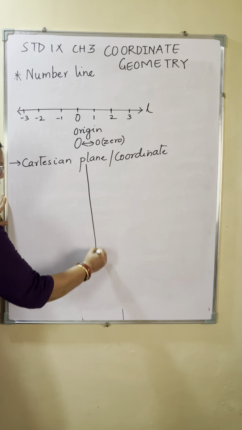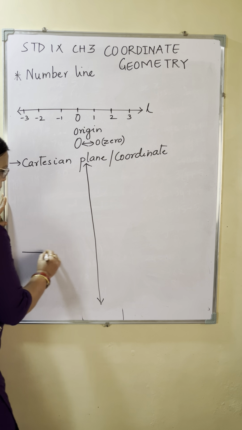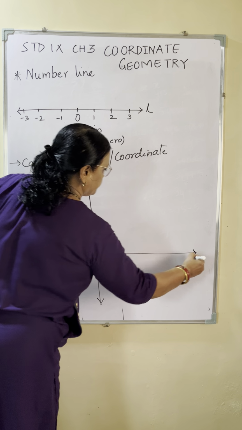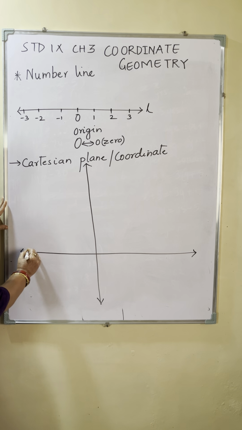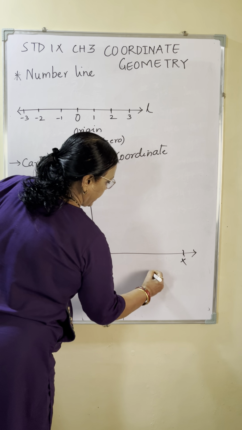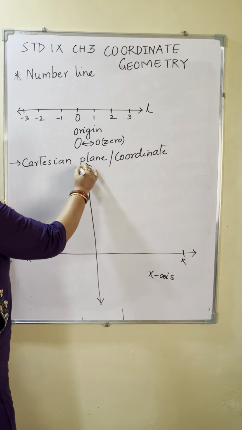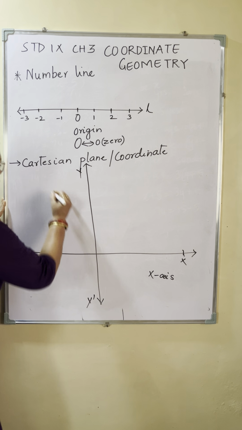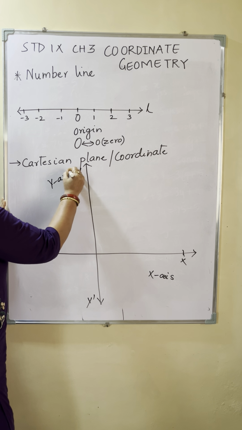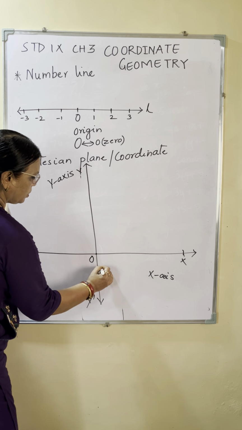Now when I draw two perpendiculars, this is called the x-axis and this is called the y-axis, and the intersecting point is called the origin.